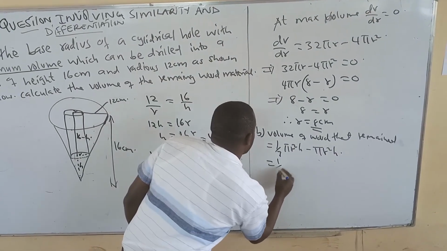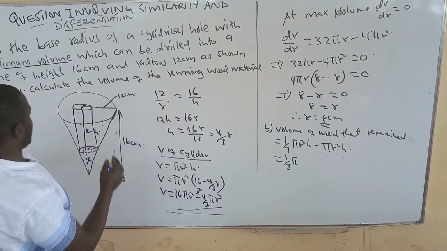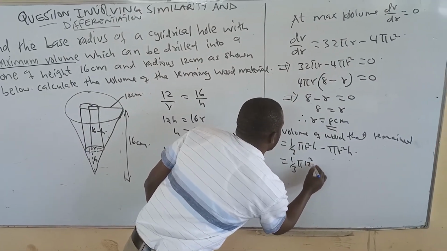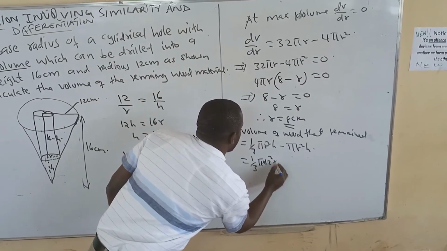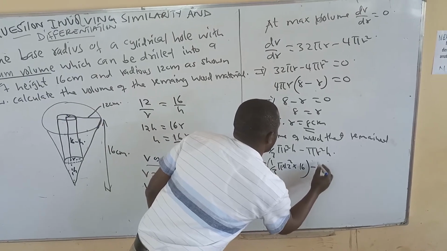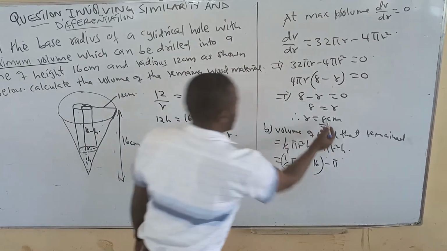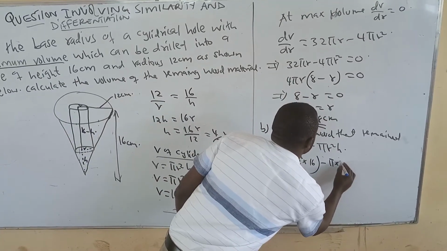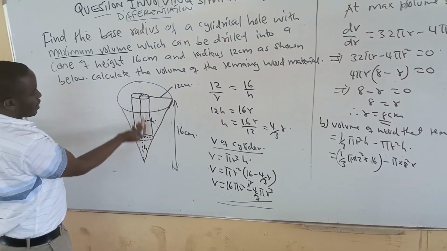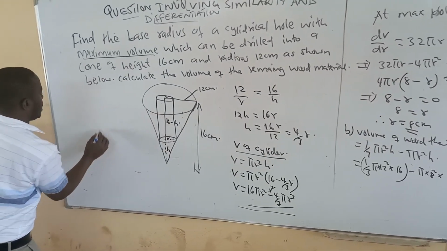So here we shall have a third pi r squared, where r is the radius of the cone, 12, so times 12 squared, and then times the height of the cone, 16. Then you minus pi r squared, where the radius now becomes 8, times 8 squared, then times the height of the cylinder, which is 16 minus h.